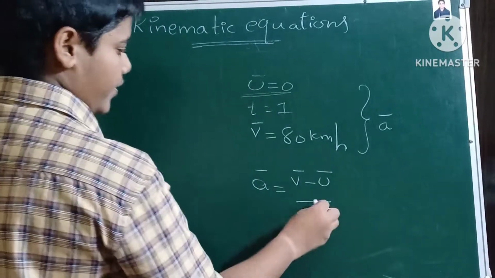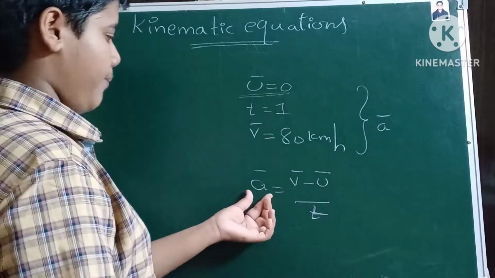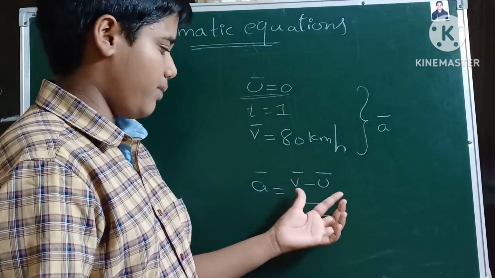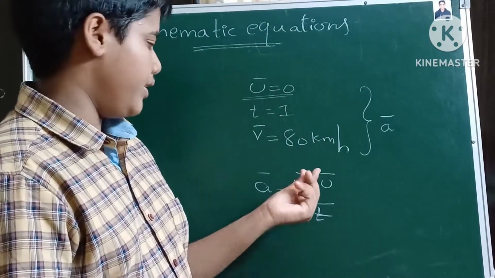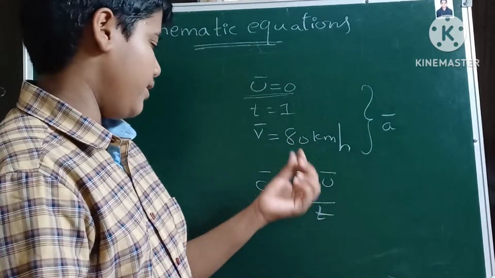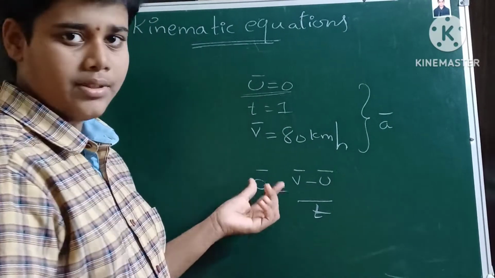We already know A bar is equal to V bar minus U bar by T. Here V bar means final velocity, U bar means initial velocity, T means time, A bar means acceleration.